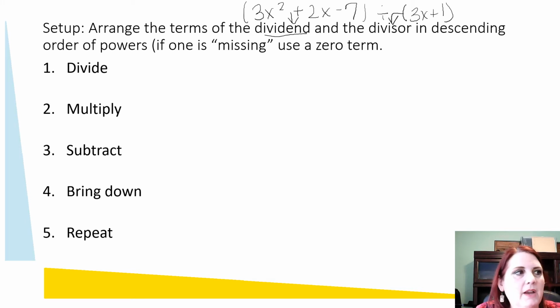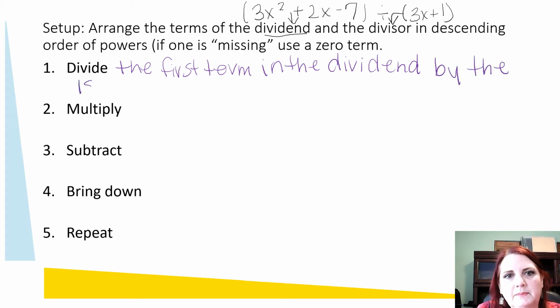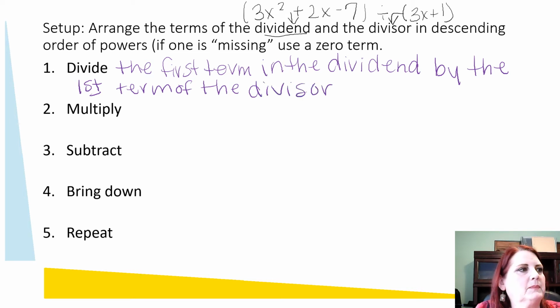That means we're going to divide the first term that we see in the dividend by the first term of the divisor. And that's going to become the first term of the quotient.